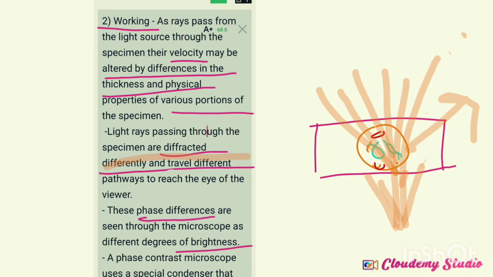These light rays which travel differently here will be diffracted differently, they will scatter differently, and here the diffracted and undiffracted rays together form the final image of the object, and therefore phase difference is formed in phase contrast microscopy, and we can observe the bright image against the dark background.